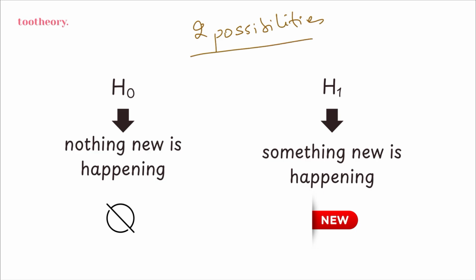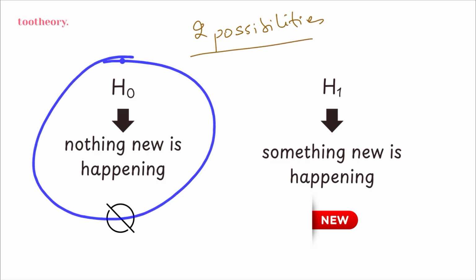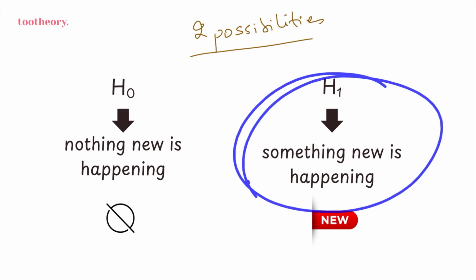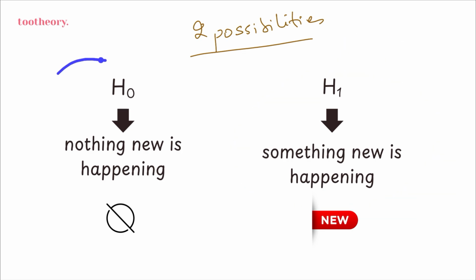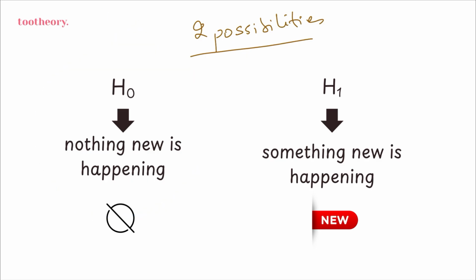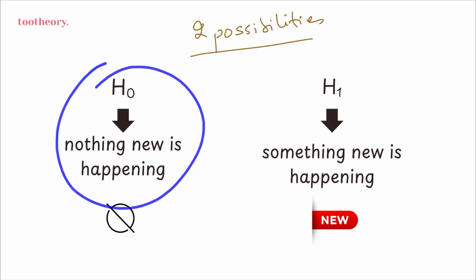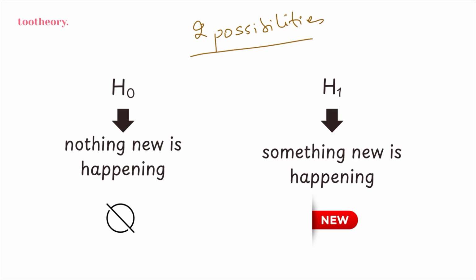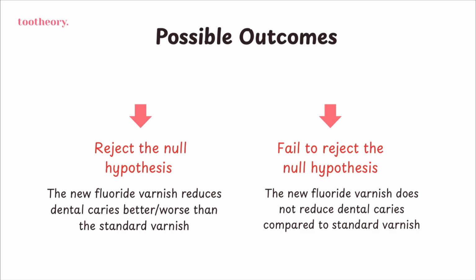So either there would be something new happening, as in the alternate hypothesis, or there is nothing new happening, as in the null hypothesis. So either we will accept the null hypothesis or we will reject the null hypothesis, which is basically accepting the alternate hypothesis. So let us see these two outcomes.